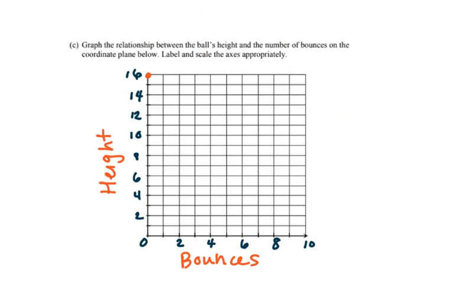So at 1, which is right here, we're going to go up to 8 and put a dot. Then we had 2, 4, 3, 2, my bad. 4, 1. And then by the time we got to 5, it was really small. It was like at a half.